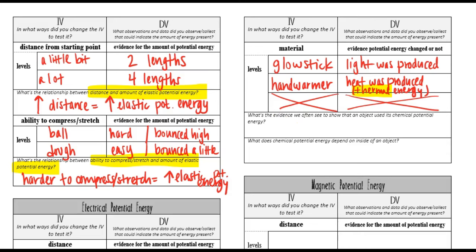Okay, now our next question is, what evidence do we often see that shows that an object used its chemical potential energy? In this case, we saw light, we saw heat or thermal energy. But there are some other ones, and I just wanted to jot these down, and you might want to add these too. A lot of times there can be a sound produced. There might be an odor produced.